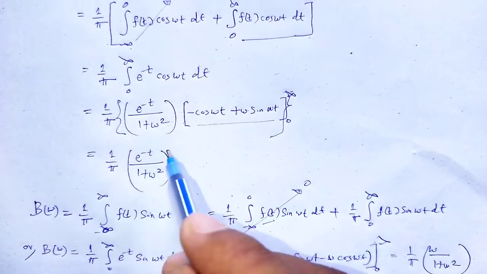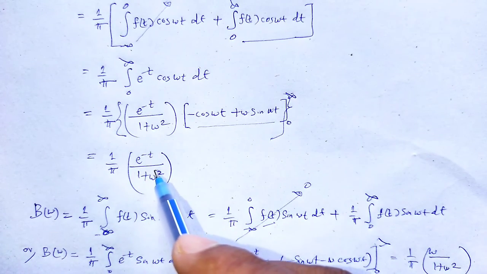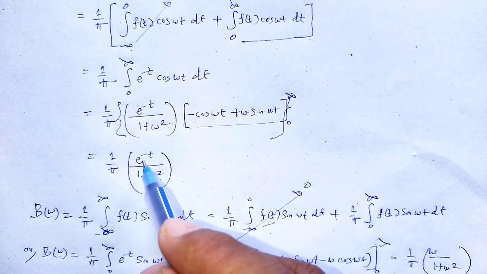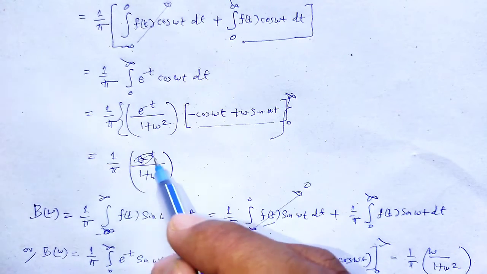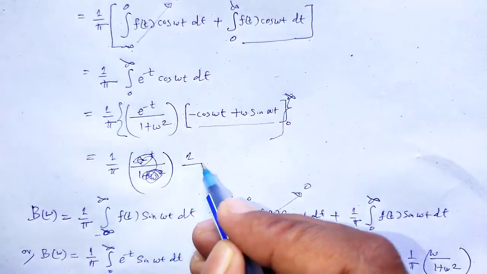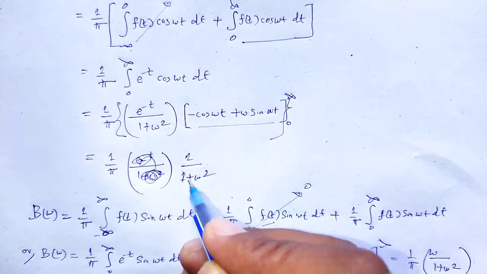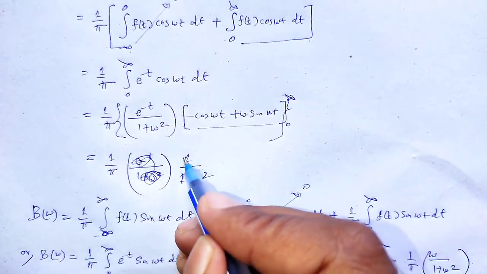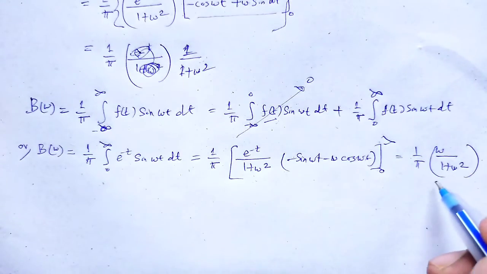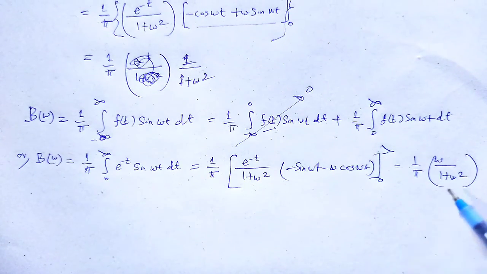So the evaluated limits give a of omega as 1 divided by 1 plus omega square, and b of omega as omega divided by 1 plus omega square.